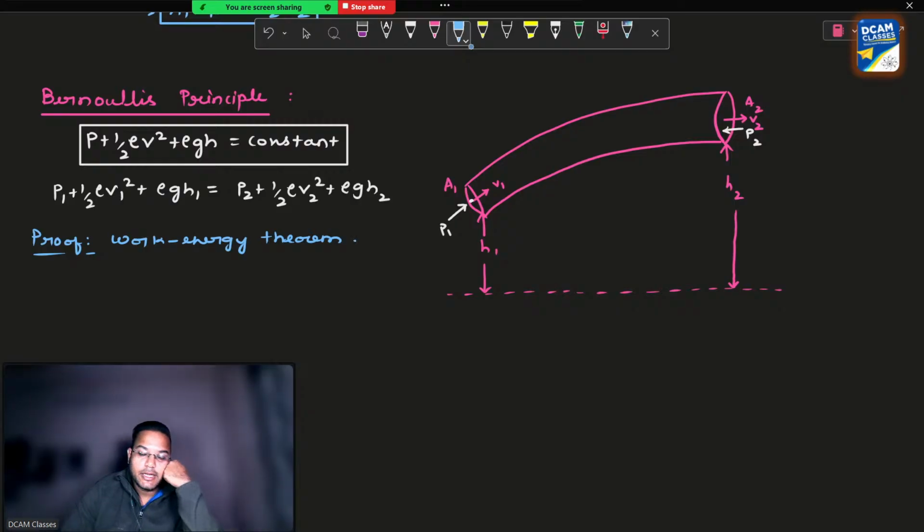What this work energy theorem says, total work done, this statement you already know, total work done is equal to change in kinetic energy, final kinetic energy minus initial kinetic energy, right? This you already know.